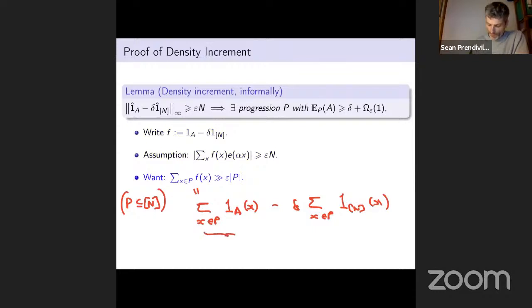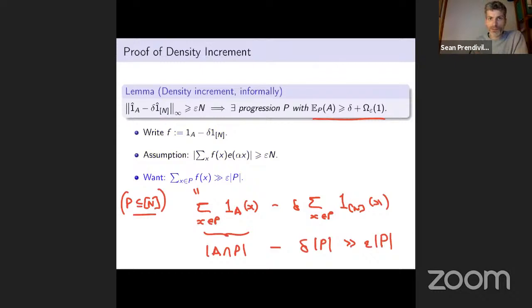So this term is |A ∩ P|. And this term, if P is a subset of our interval, is delta times the cardinality of P. So if this is greater than epsilon |P|, when you divide through this expression by the cardinality of P, you obtain this density increment up here.